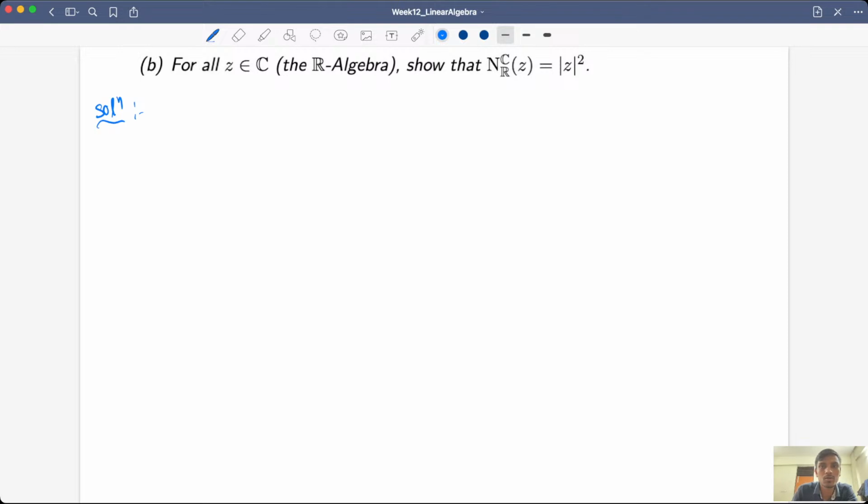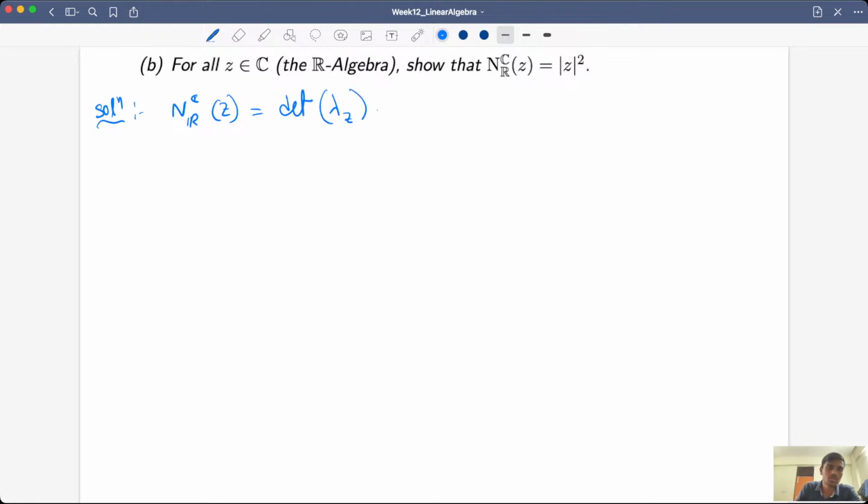Here what we need to see is what is the determinant of the left multiplication by z, that is, the determinant of lambda z in C over R.